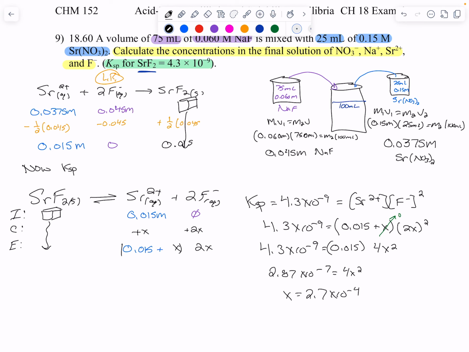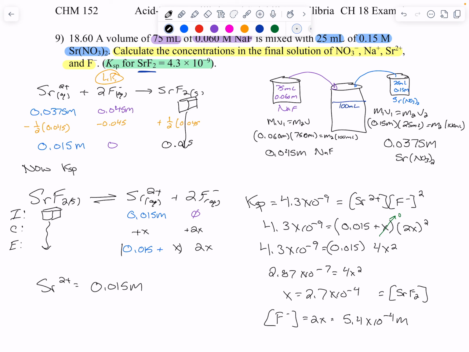Now, x is the concentration of SrF2, right? It's not even the concentration of strontium because strontium is bigger than that. Fluoride is 2x, so that's going to give me 5.4 times 10 to the negative 4 molar for fluoride. So that's fluoride. Strontium is what? 0.015 molar, right?